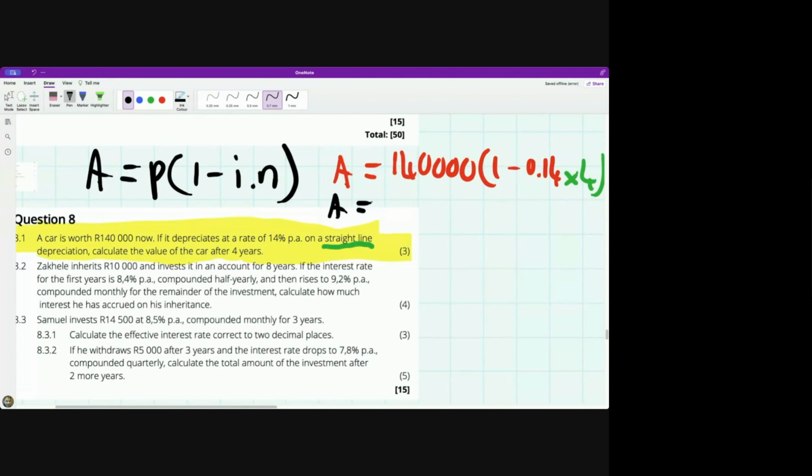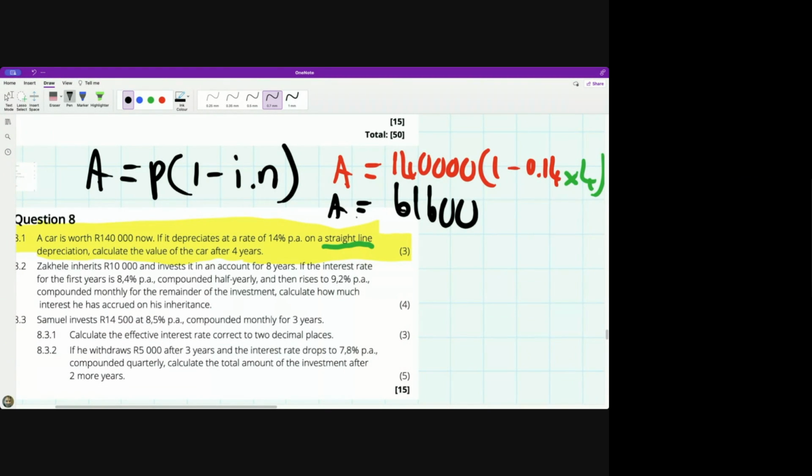So what are we going to get as our final value here? So if we pop this 140,000 times open bracket 1 minus 0.14 times 4 close brackets, we get 61,600.